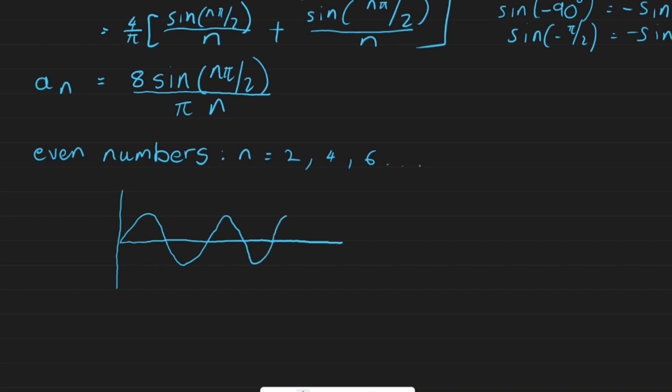So that is 0, that is pi over 2, that's pi, so that's 3 pi over 2, and this is 2 pi, and this is 5 pi over 2, and this is 3 pi, and this would be 7 pi over 2. So we can carry on writing like that.